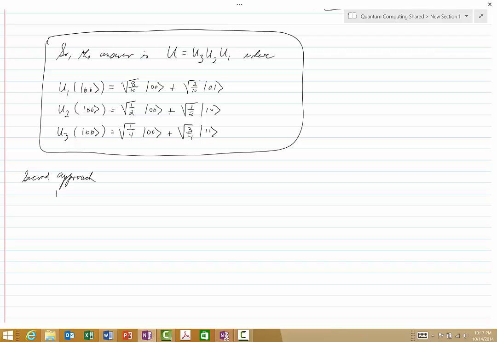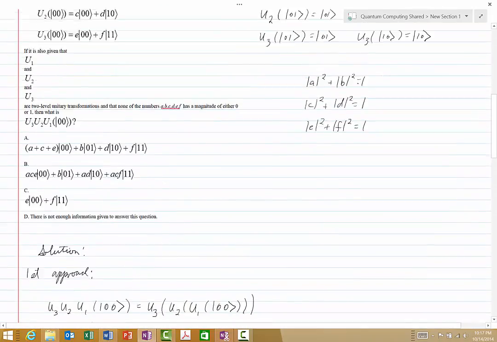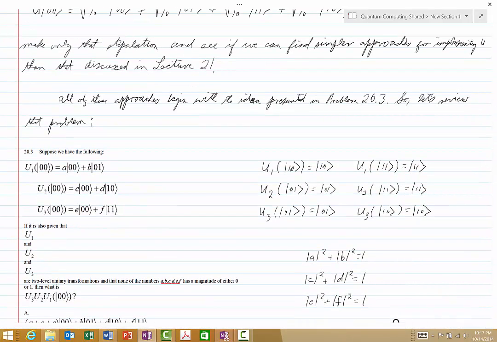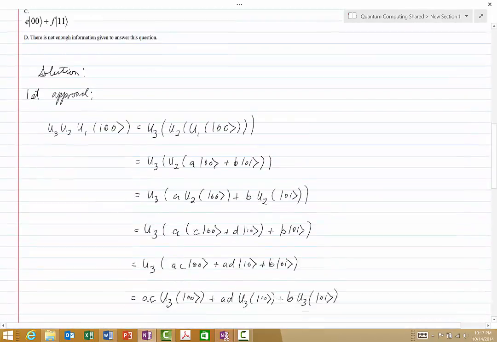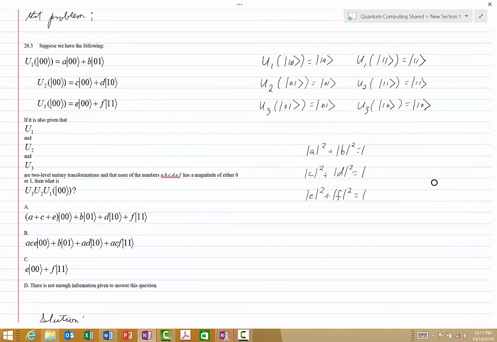So recall, we have this information up here about U1, U2, and U3, and also the fact that U1, U2, and U3 are two-level unitary transformations. So many students did the following. Let's look at U1 first. U1 of 0, 0 is A 0, 0 plus B 0, 1.